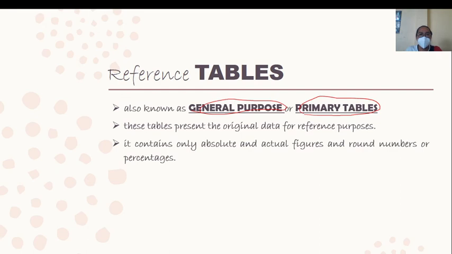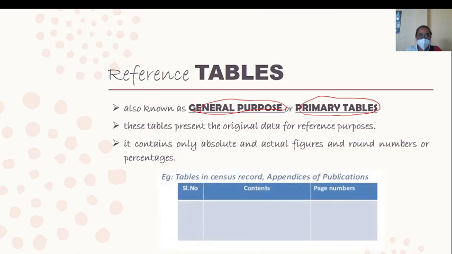It contains only absolute and actual figures and round numbers or percentage. For example here, the table in census record, the appendices of publication. We have SI number, the content, the page number.